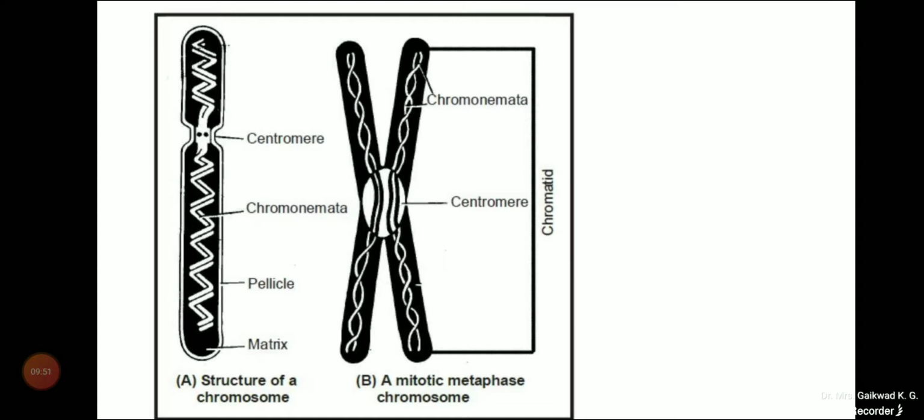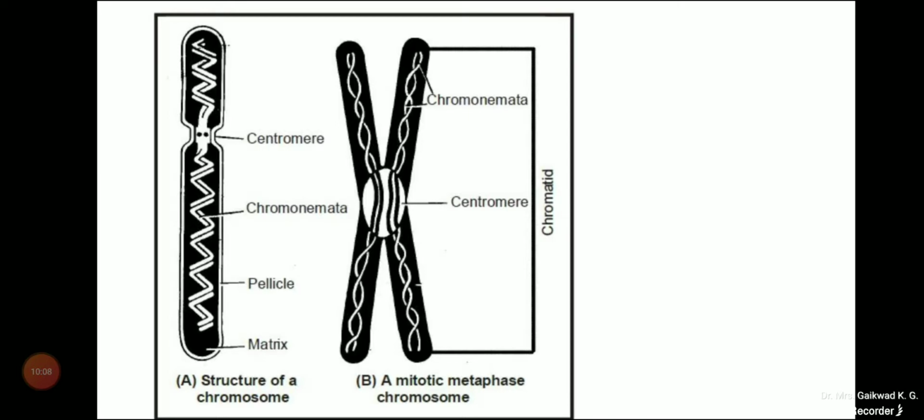Every species of living organism has a specific number of chromosomes. Like a human being has 46 chromosomes, meaning 23 pairs of chromosomes.